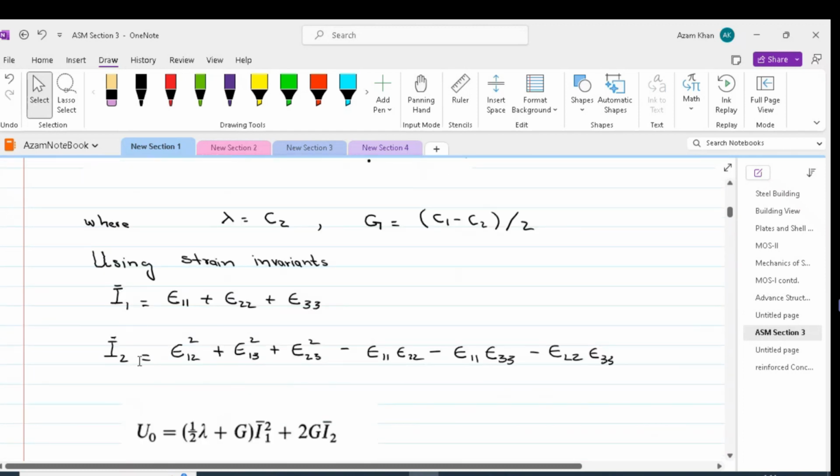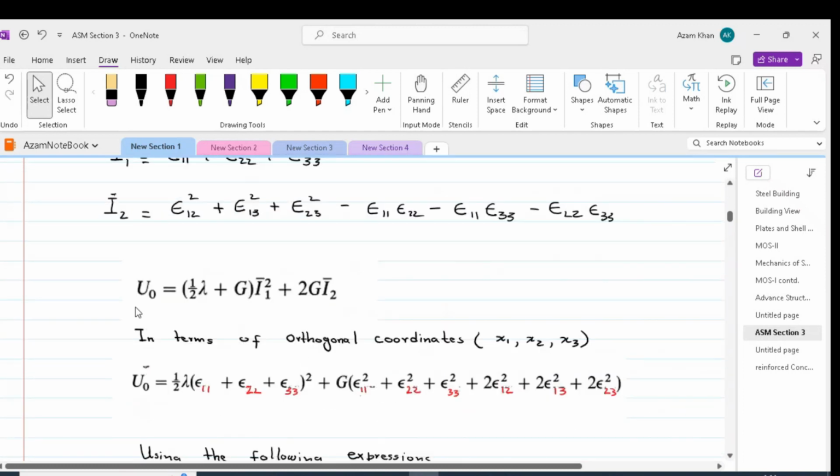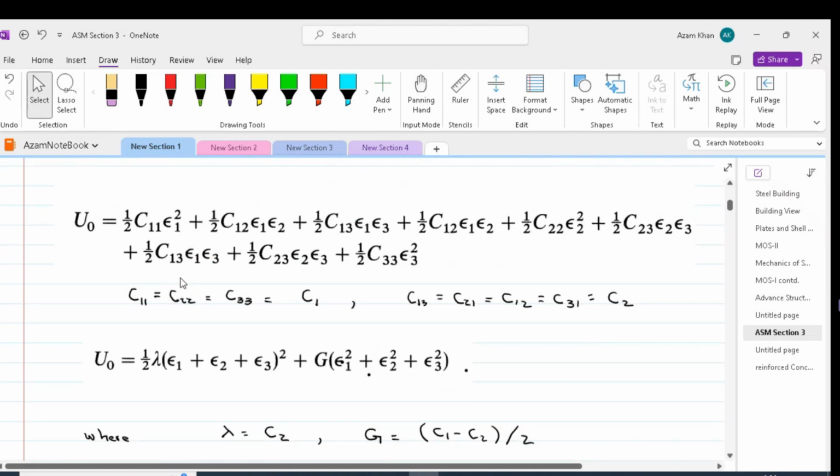Over here I've called it I1 prime, I2 prime, but it's the same thing. And we get our strain energy density equal to half (lambda plus 2G) I1 bar square plus 2G I2 bar square. Now, just to remind ourselves that this strain energy equation is in the form of principal strains. That's why we don't see any shear strain appearing in this equation.